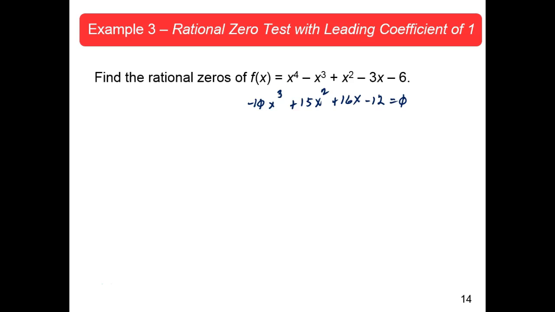Rational zeros would be something in the order of p over q, where p is all the possible factors of your constant term 12. Tell me what they would be. Plus or minus 1, plus or minus 2, plus or minus 3, plus or minus 4, plus or minus 6, plus or minus 12.